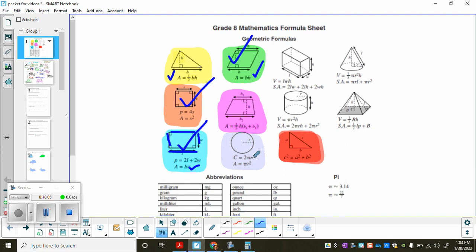We covered the circle. We covered 2 pi r, which is the same thing as pi times diameter. And then we covered pi r squared, so we're good here. And this one, like I said, this one might be the newer kind of weird one for some of y'all. And it's easy to just spot, like you've got your parallel sides, you add them up, and you multiply by half of the height. And that's the area of a trapezoid.